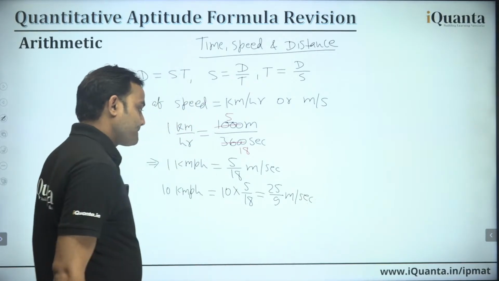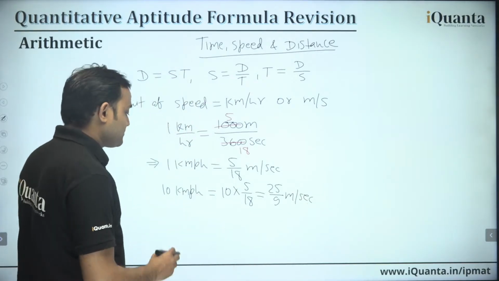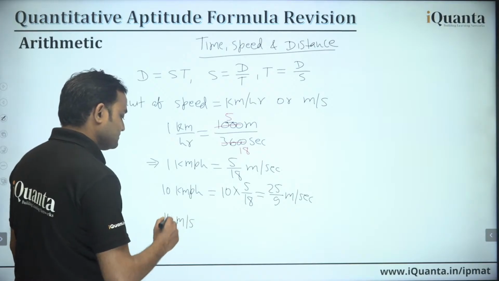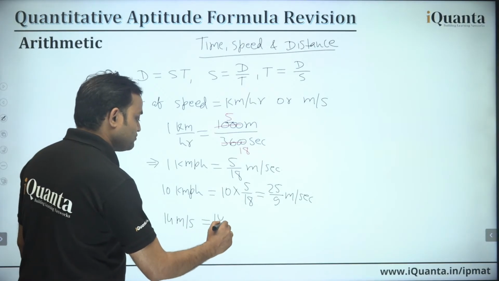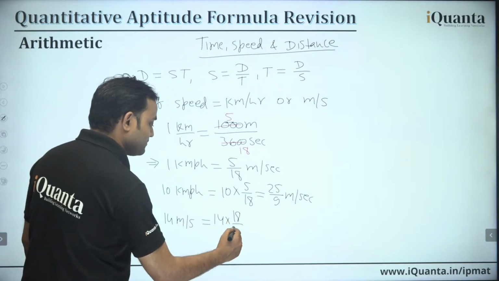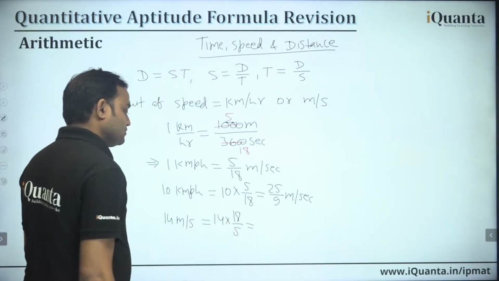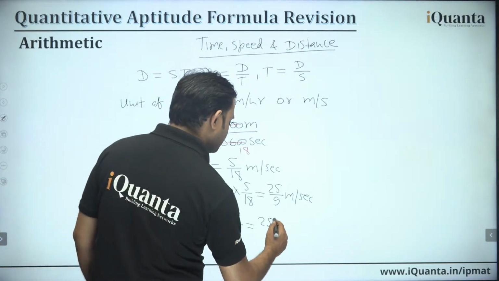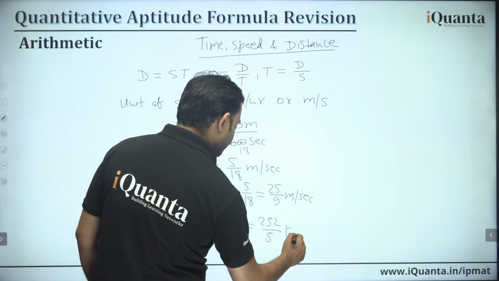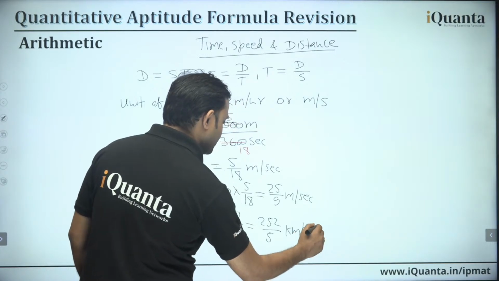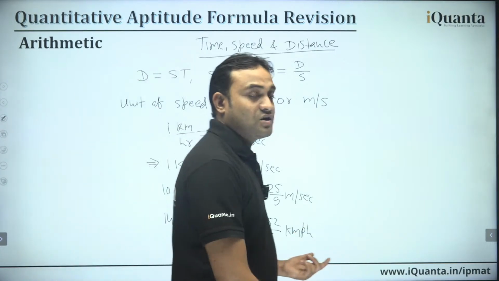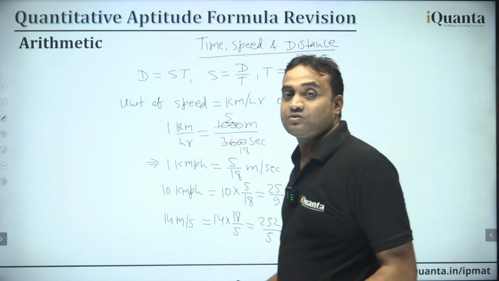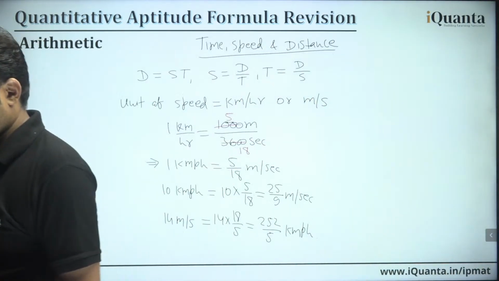And if you have a value in meter per second, let's say 14 meter per second, then you need to multiply it by 18 by 5, which will be equal to 252 upon 5 kilometer per hour. So this is how you convert kilometer per hour to meter per second, or meter per second to kilometer per hour. All right.